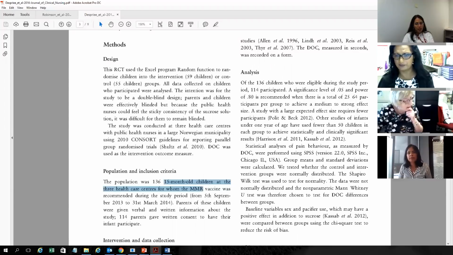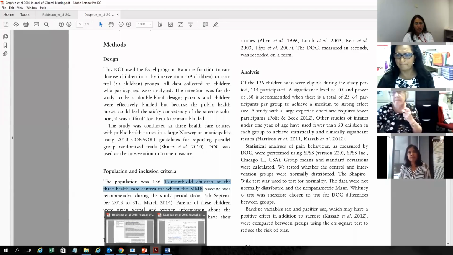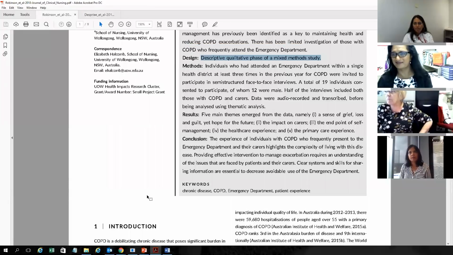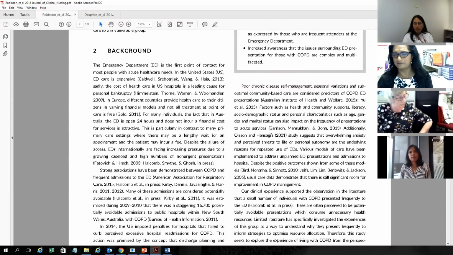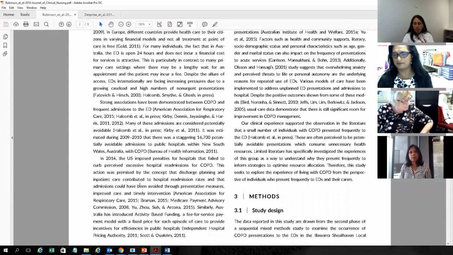Thank you, Shija. Let's try to work it out from the other article, the Robinson one. This is the qualitative one.